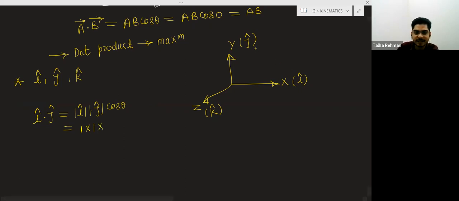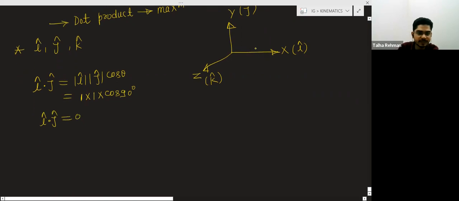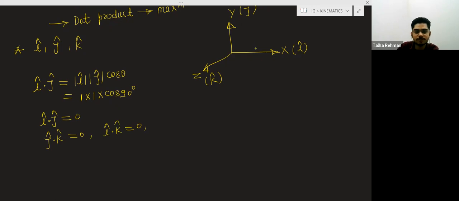I cap and j cap angle is 90 degree, and cos 90 is 0. So that is why I cap dot j cap is equal to 0. Similarly, you can say j cap dot k cap also is equal to 0. Similarly, you can say I cap dot k cap is equal to 0. Okay, all the I j, j k, k I, all the unit vectors dot product will be 0.